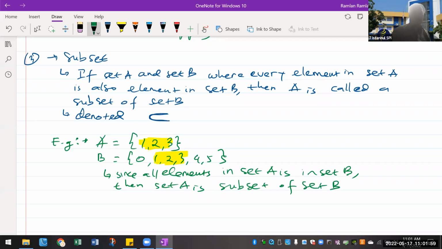Then we can write it down as a notation: A subset of B. It is as simple as that. Ini masih gampang ya.